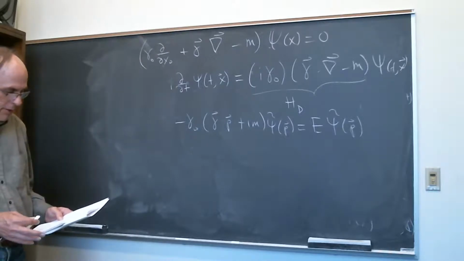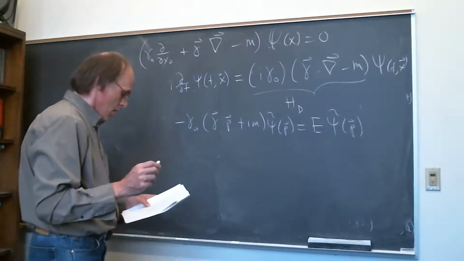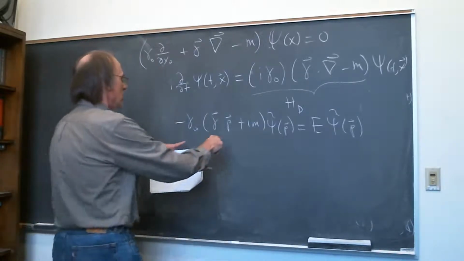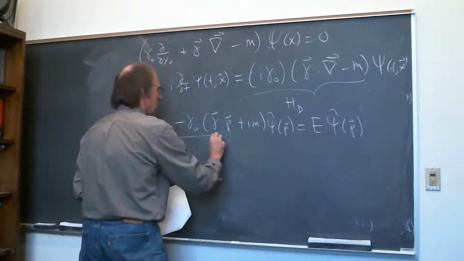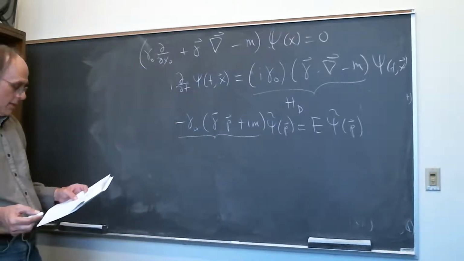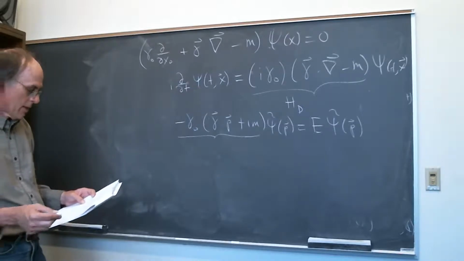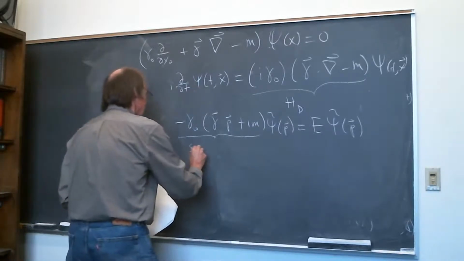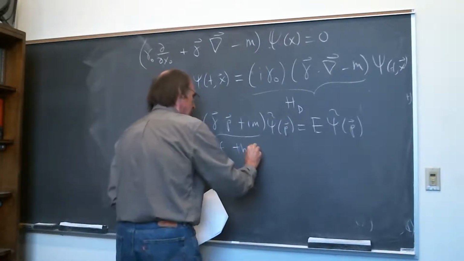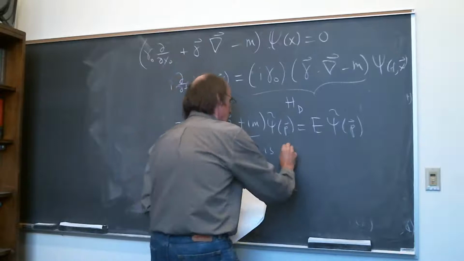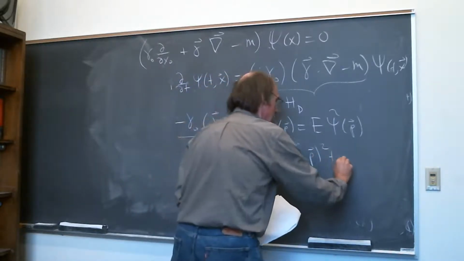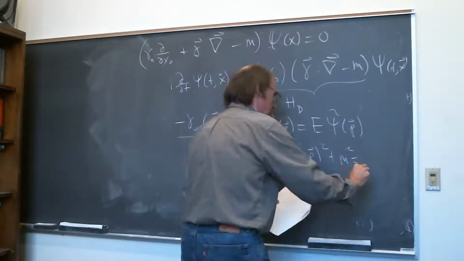Now if you square this operator, and let me not work out this calculation, you get gamma vector dot p vector squared plus m squared.